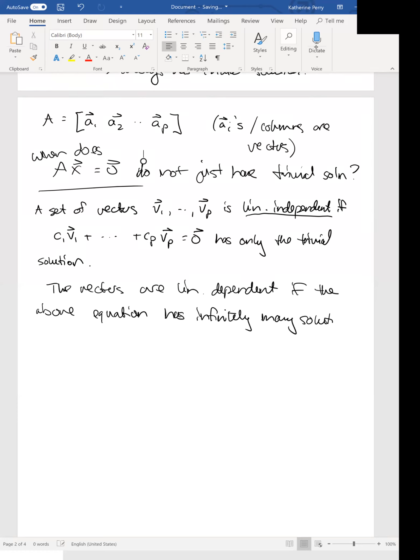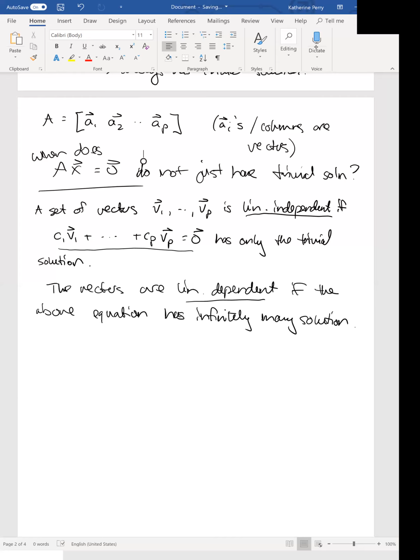So remember, with a system of equations, we said that there are 3 possibilities: either one solution, no solutions, or infinitely many solutions. But with something like this, we know that it always has the trivial solution. And so it either has one solution, the trivial one, or it has infinitely many. If it has one, then they're linearly independent, and if it has infinitely many, then they're linearly dependent.